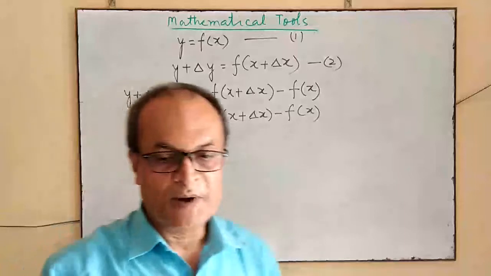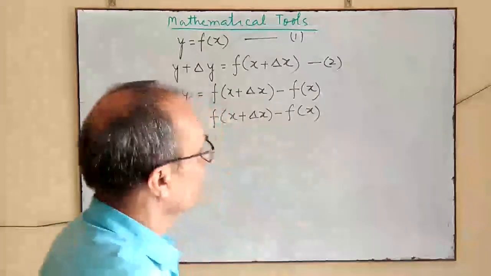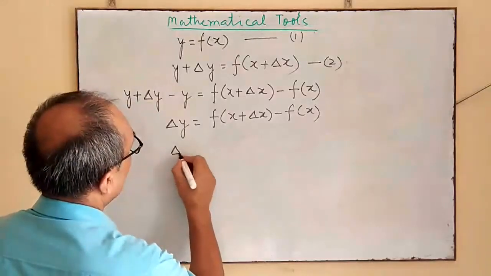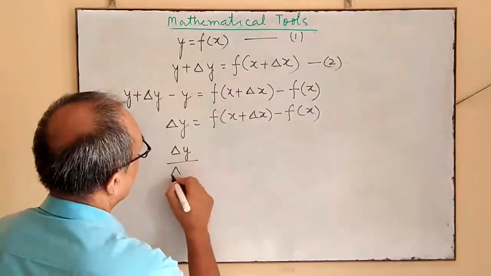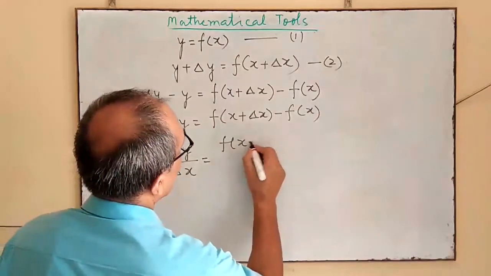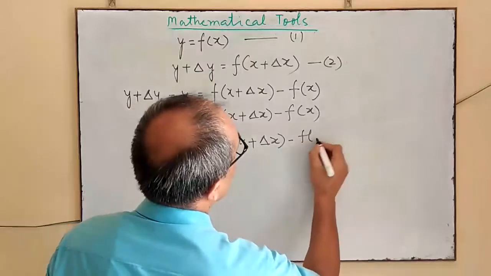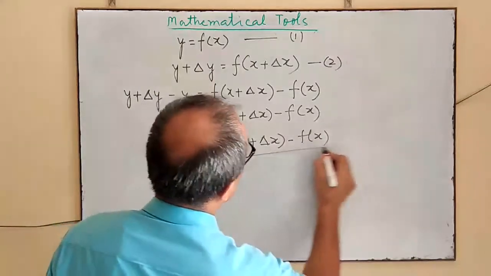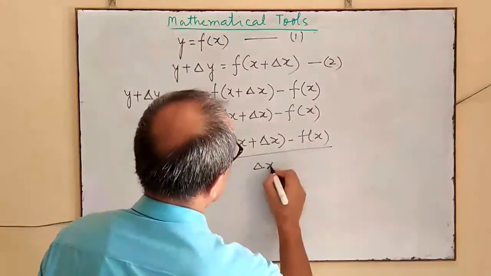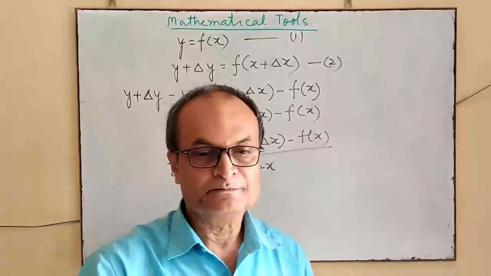Now dividing both sides by delta x, so delta y by delta x is equal to f(x plus delta x) minus f(x) by delta x.